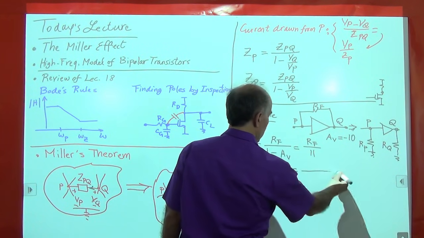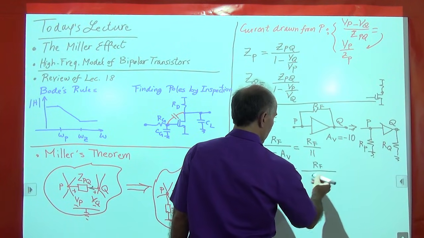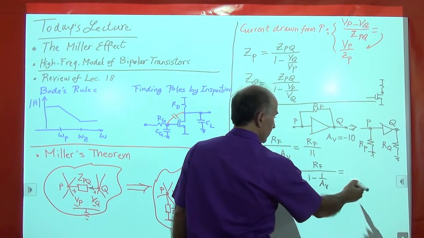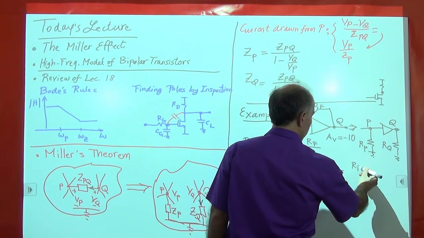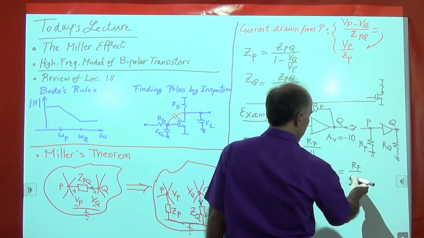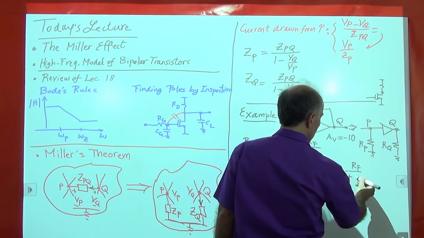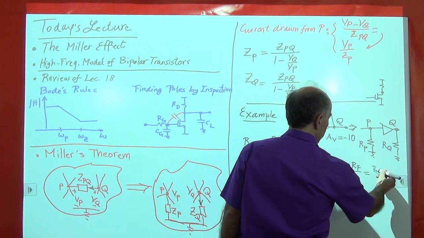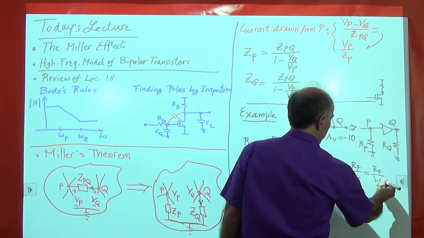So we say RF divided by 1 minus 1 over AV, and that would be RF divided by 1 plus 1 over 10, so that's RF over 1.1.